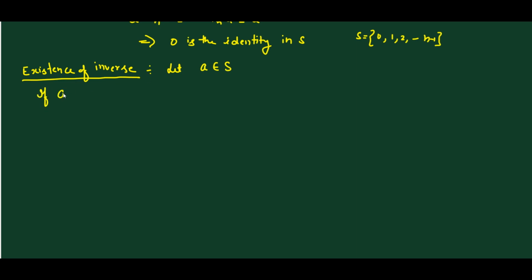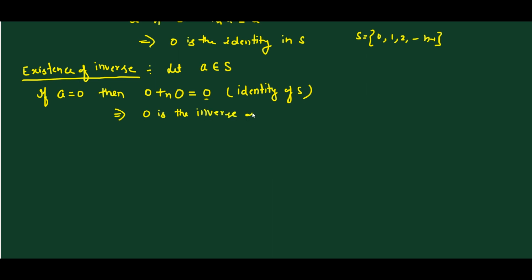If this element itself is 0, then it is very easy to see that 0 combined with 0 is again 0, because if you add 0 with 0, then you get the remainder 0 when divided by n. And what is 0? 0 is the identity of S. So this implies if A is the 0 element, then 0 is the inverse of itself.